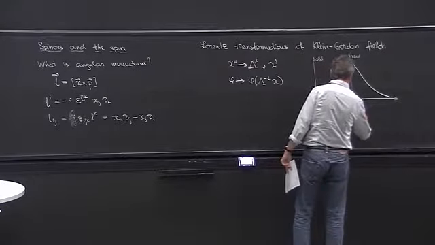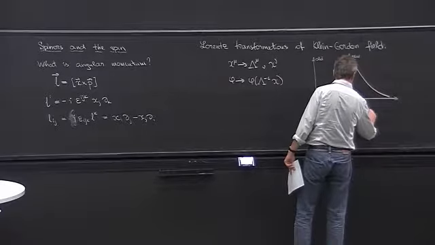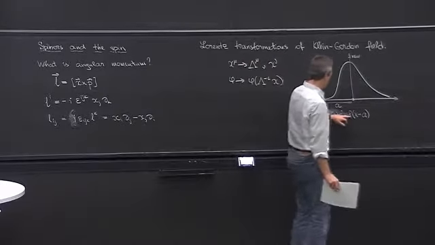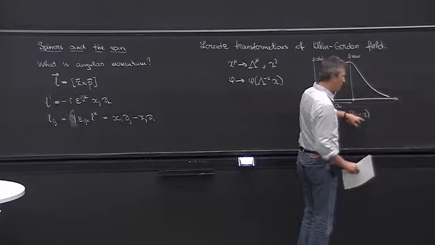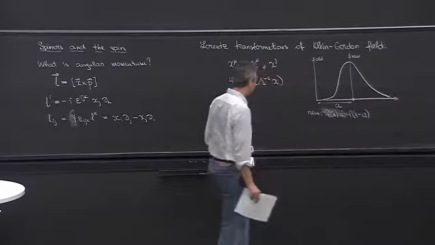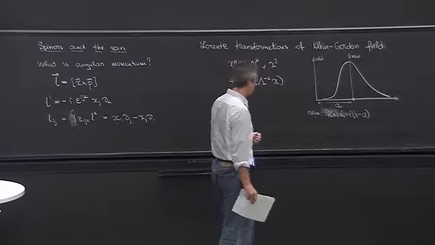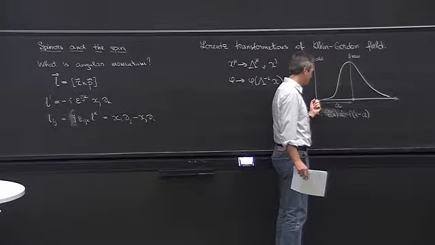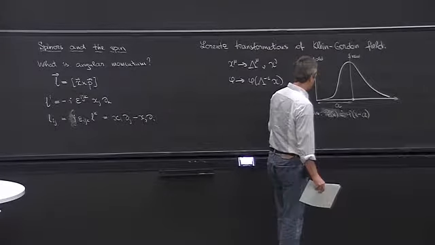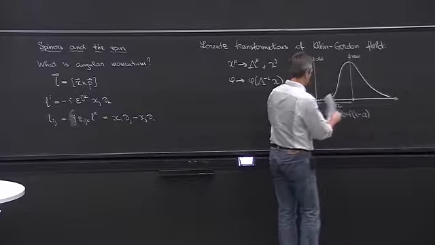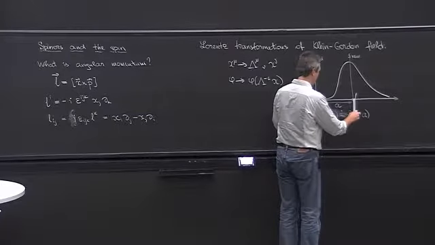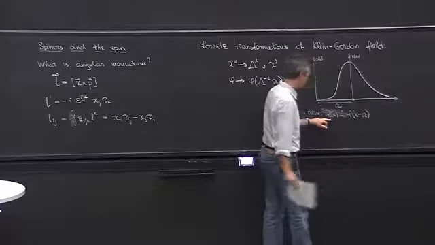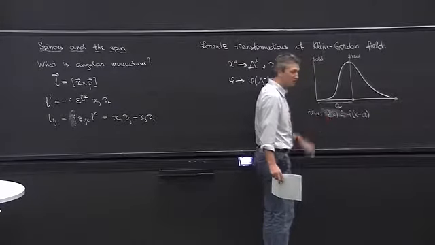What I'm trying to say is that this function will be the old function evaluated after we go back to the original coordinate system where this point was distance a from the origin. Evaluate this function there, and this will give us phi in the new coordinates.